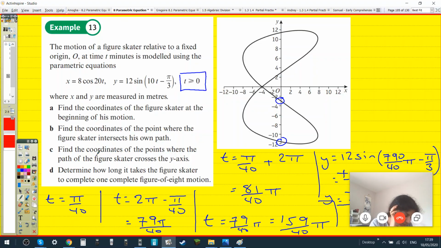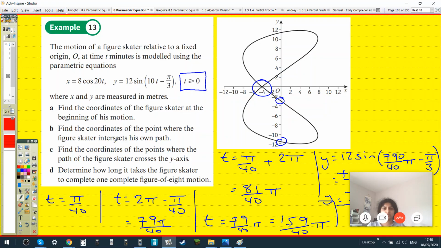My other answer was pi over 24. I think the answer might be pi over 12 or something. Let me tell you why. How often do they go through the point minus 4, 0? Twice. They go through it twice every rotation.